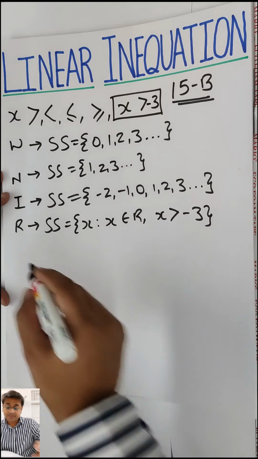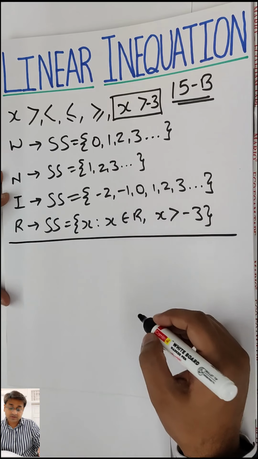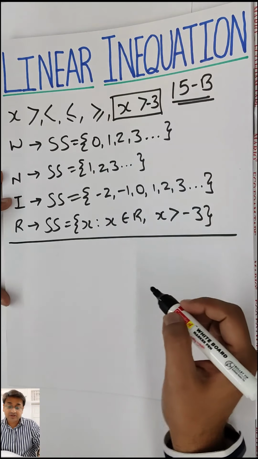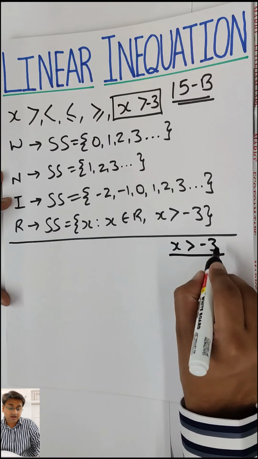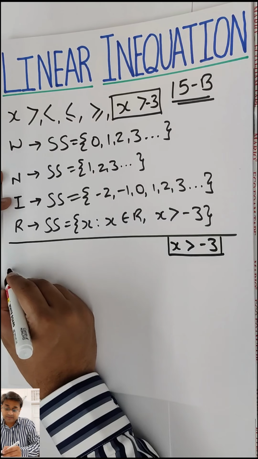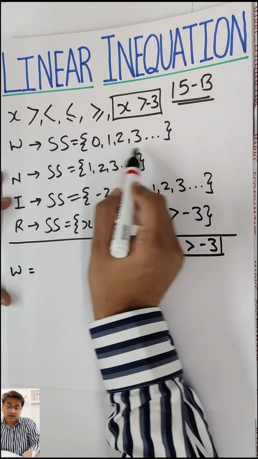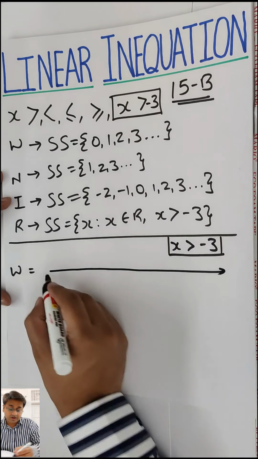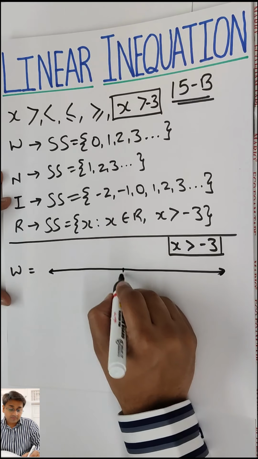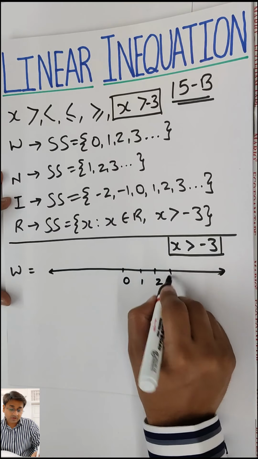Now this is sorted. We are getting into number lines. Let's take the same example, when X is greater than minus 3. How are you going to write the number line? So first draw your number line: 0, 1, 2, 3, 4.